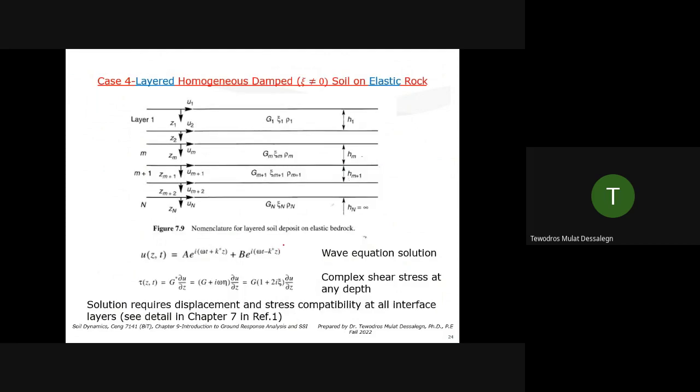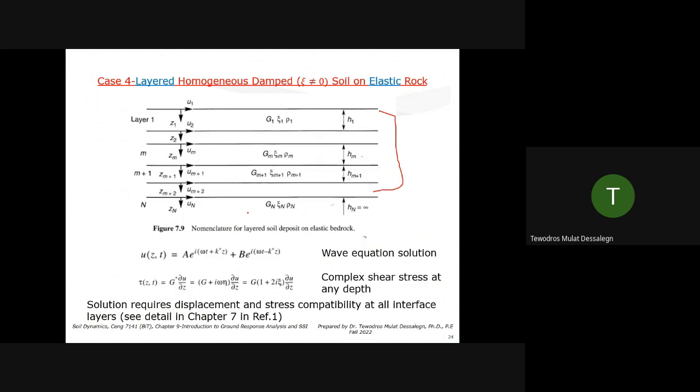But in reality, case number 4. Case number 4 is the same as case 3, except now we are introducing so many layers. Instead of assuming one single layer for the soil, we are assuming different soils because 500 foot, that's maybe 150-meter depth, right? It's hard to expect the same constant soil.